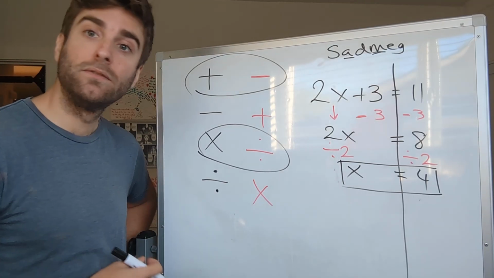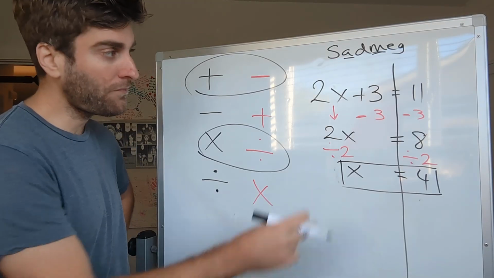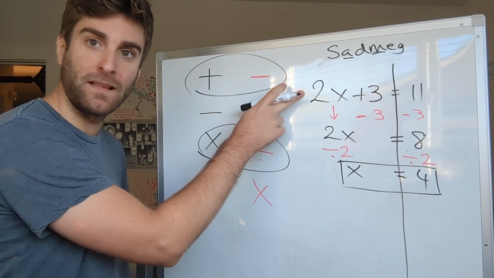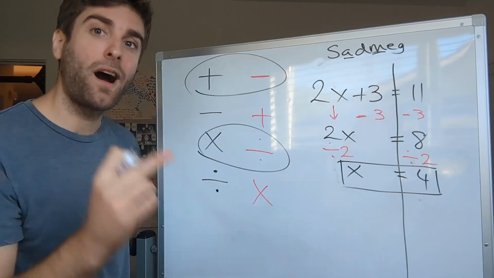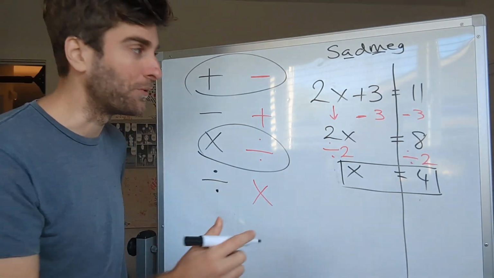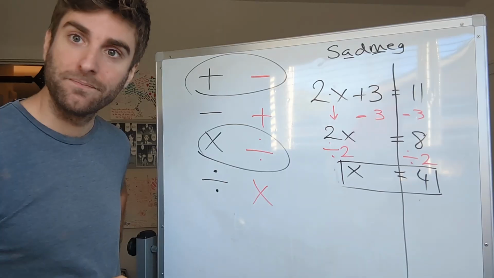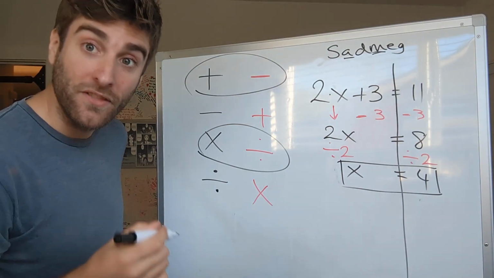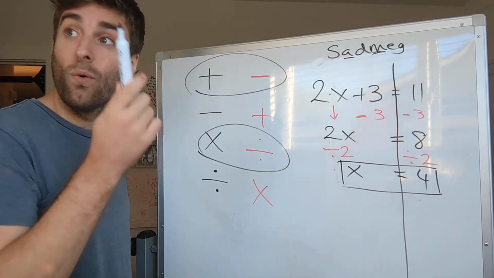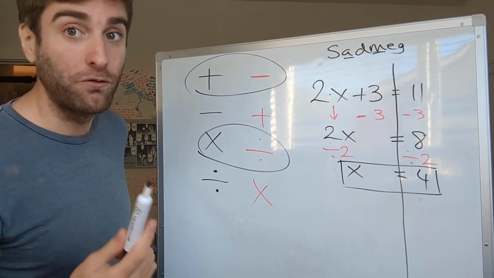So, quick recap. I started with my equation. I determined what operations were being used. I have multiplication and I have addition. Then I had to determine which one to undo first.